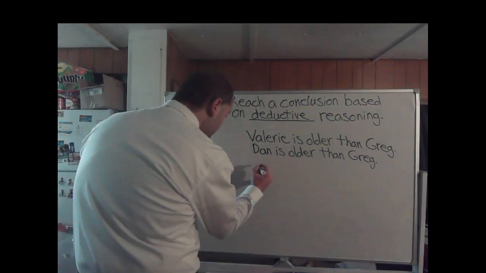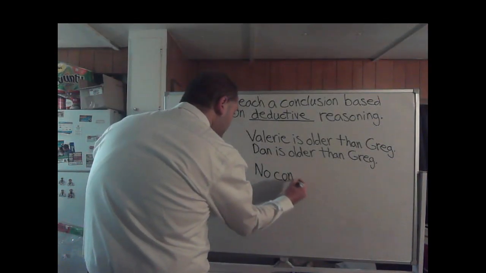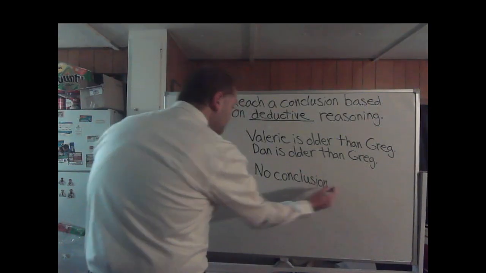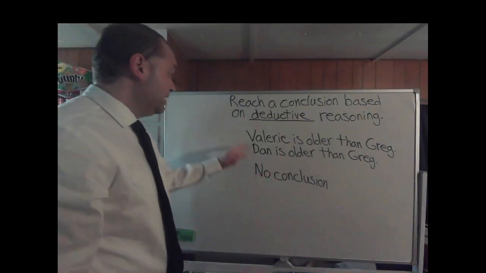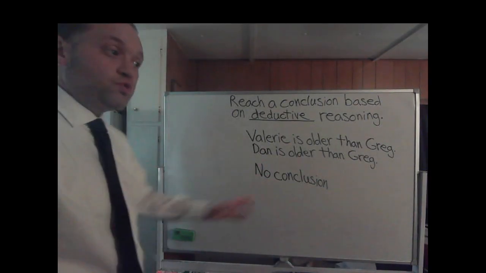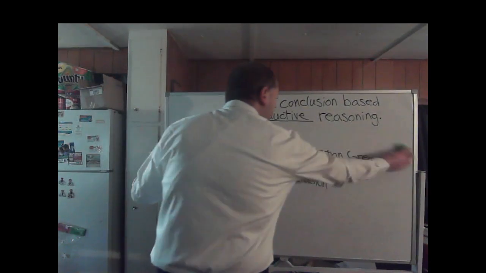So in this case, there's no conclusion. There would be no conclusion to this set of statements because both of these only compare to Greg. Valerie and Dan don't compare to each other, so there's no conclusion with these two statements that we can reach based on deductive reasoning.